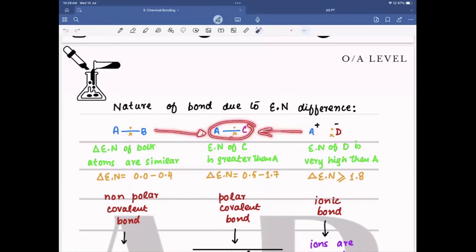The electron is shared, but that shared pair is not equally shared between those two atoms, isn't it? So which atom has more part of the electron? C does. It has more of the shared pair, right?